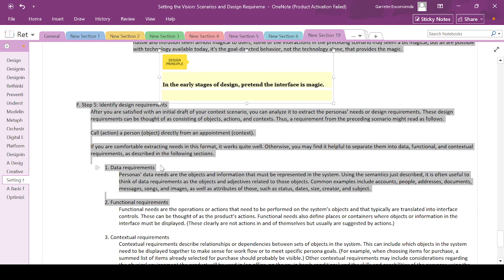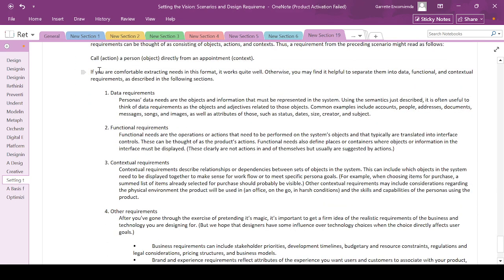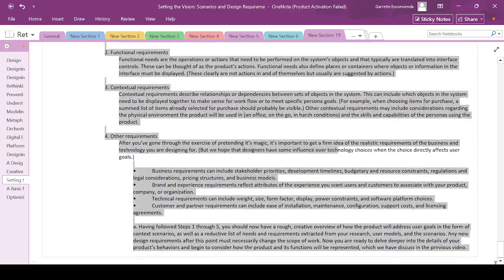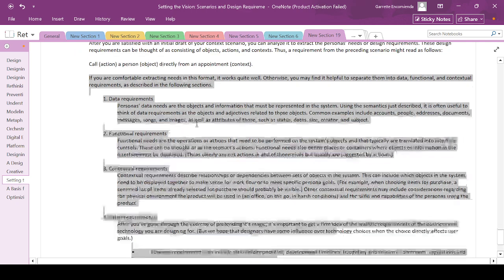If you are comfortable extracting needs in this format, it works quite well. Otherwise, you may find it helpful to separate them into data, functional, and contextual requirements, as described in the following section.